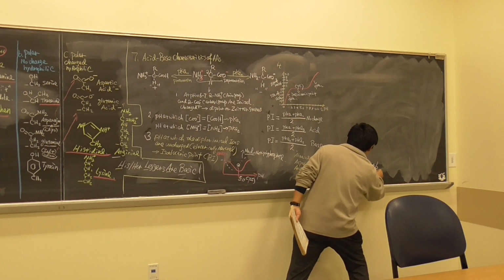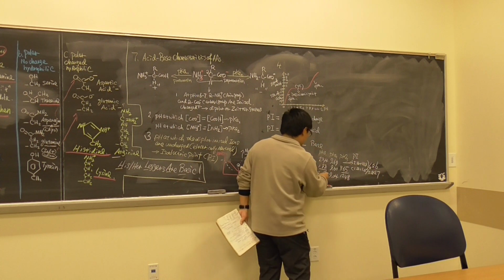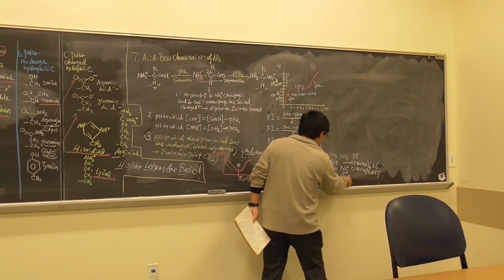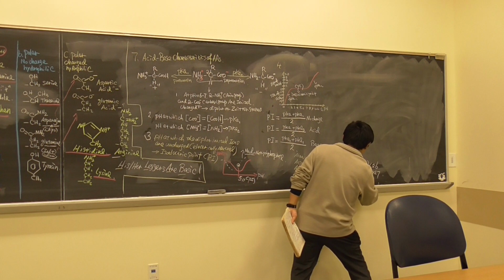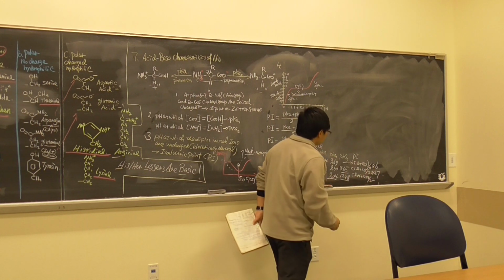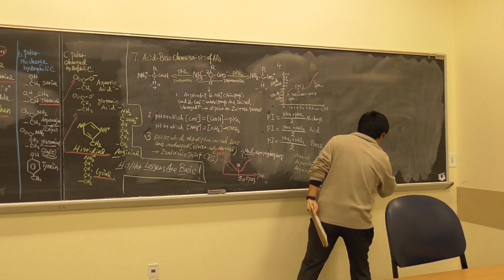This is approximately 2.7. For the last one, you add this one and that one: 9.04 plus 12.48 divided by 2, which equals approximately 11.